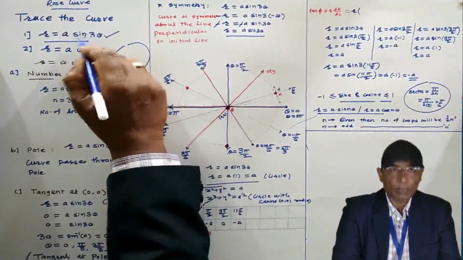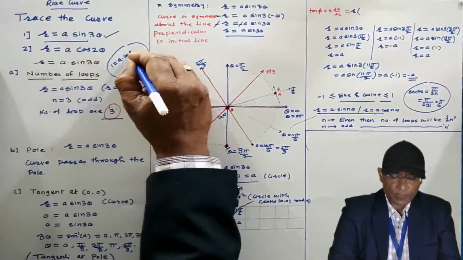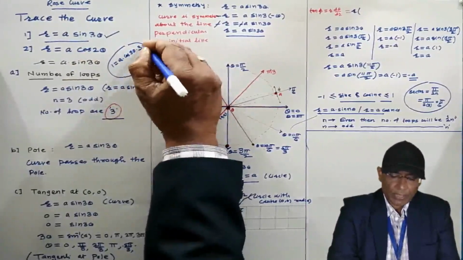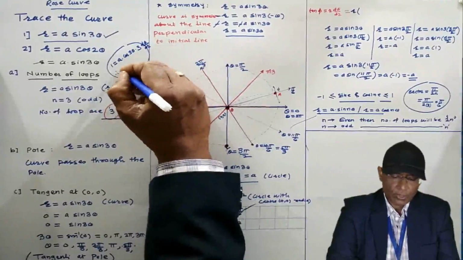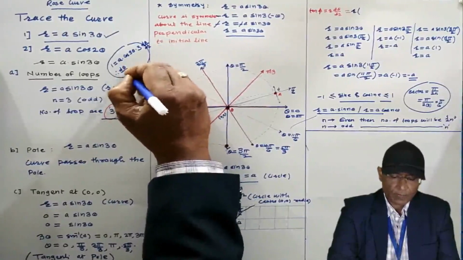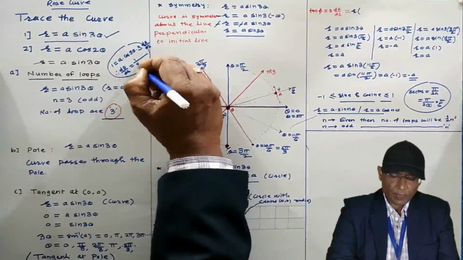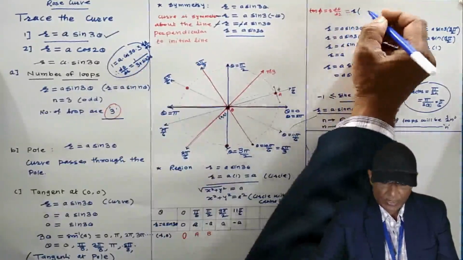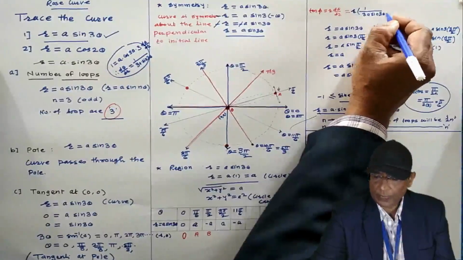The derivative of sine 3 theta is cos of 3 theta multiplied by 3. Therefore, d theta by dr equals 1 by 3a cos 3 theta.